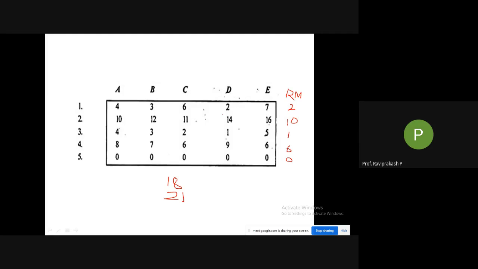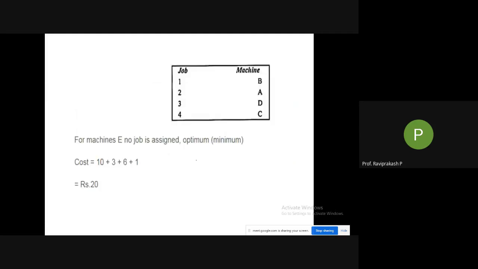Okay, students, others, anyone? Okay, sir, another answer is 24. Okay, one more answer, 24. Fine. So we'll go to the answer. Let us see what is the answer.